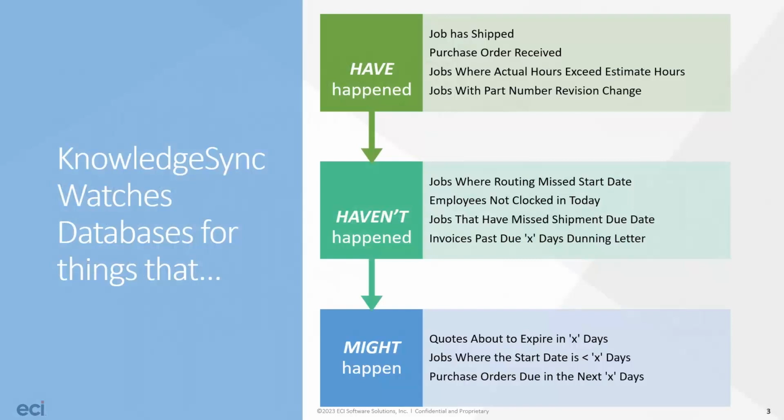Or you might want to know when a job is supposed to start so that you ensure that you get materials here. So think about what a game changer it would be instead of you going in and looking or not knowing things at all. If your system really reached out and told you, hey, this happened, didn't happen, or could potentially happen, because now you know about it.